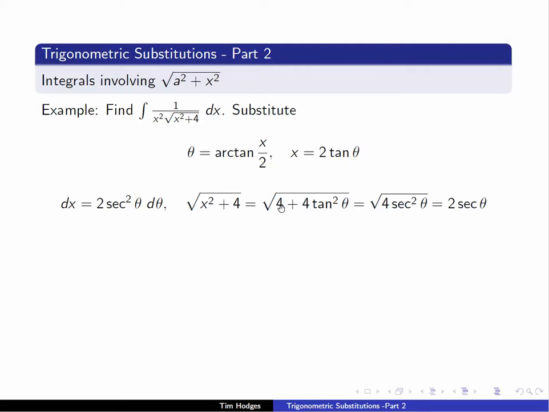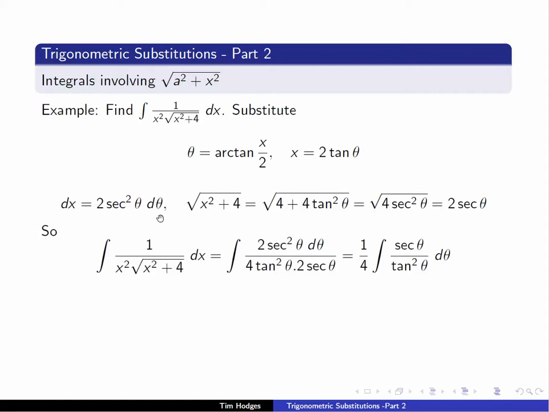And that, of course, is 4 times 1 plus tan squared theta, and 1 plus tan squared theta is secant squared. So we can rewrite that as 4 secant squared theta, and the square root of that will just be 2 secant theta.